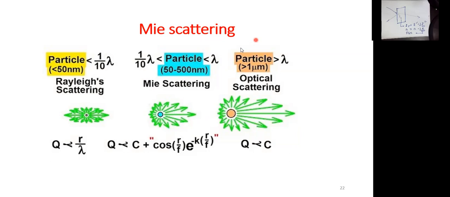In this case, we are dealing with normal ray optics, or normal optical scattering, which is sometimes called diffraction. Maybe you have heard the word diffraction before, when light diffracts due to an obstacle.